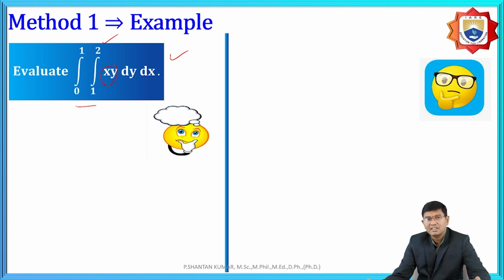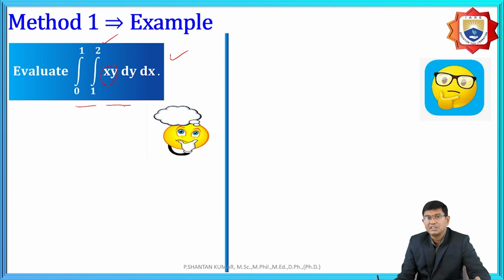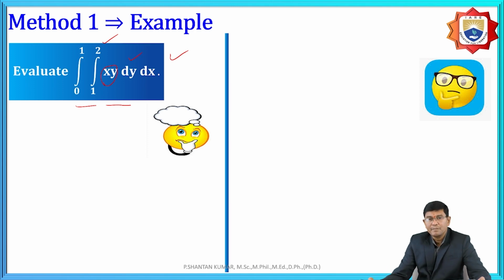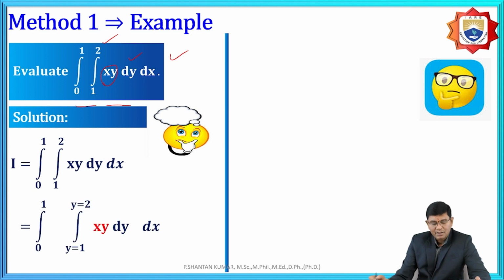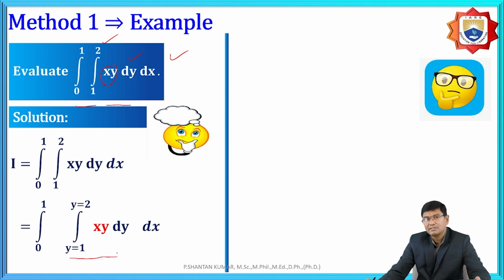At the same time, we observe the inside variable. Here the inside variable is dy, that means first we integrate with respect to y, and after that with respect to x. So the inside limits are y equal to 1 to 2, and the function is xy dy dx. First we calculate the inside of the integral, that is y equal to 1 to 2, of the function x comma y into dy.